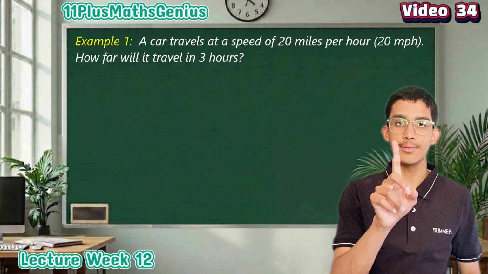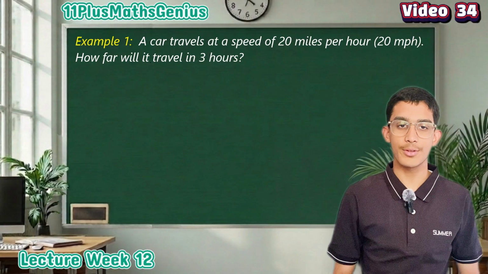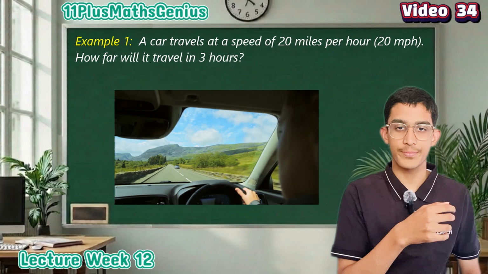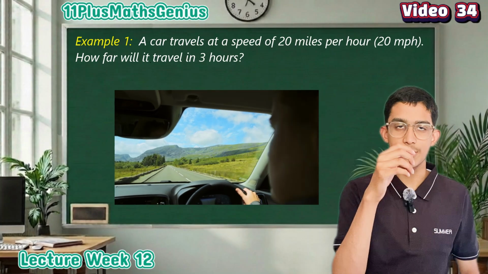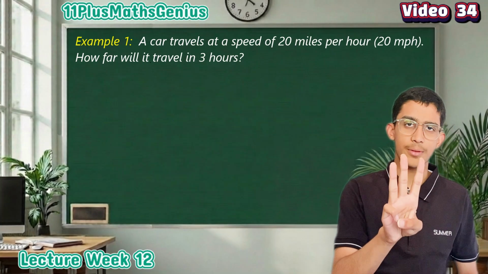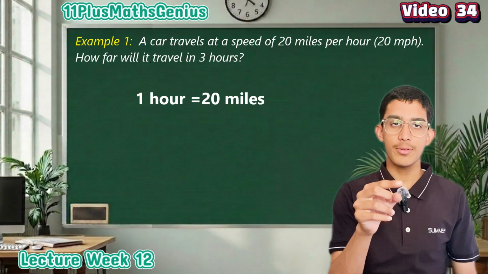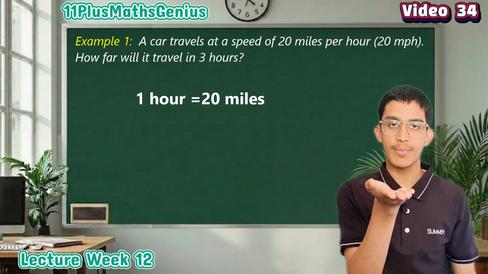Example 1. A car travels at a speed of 20 miles per hour. How far will it travel in 3 hours? Answer. In the first hour, it travels 20 miles.